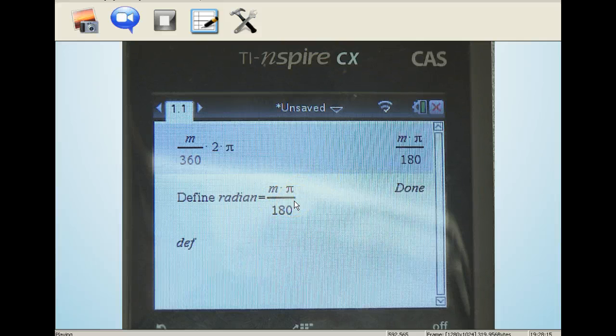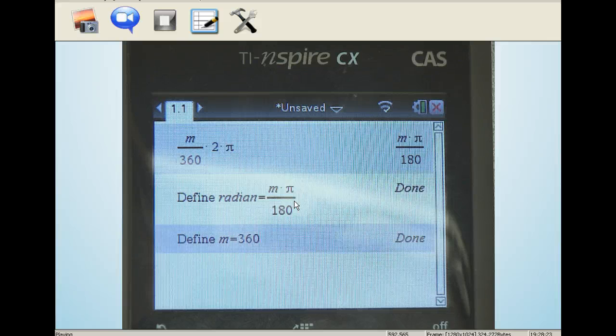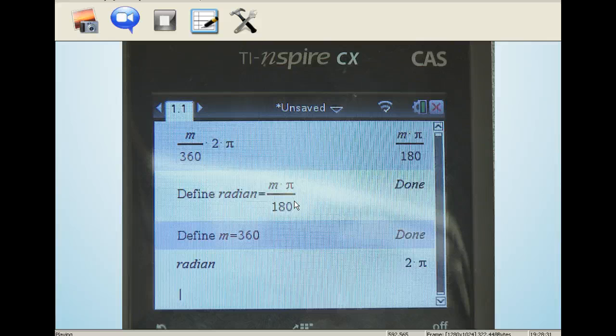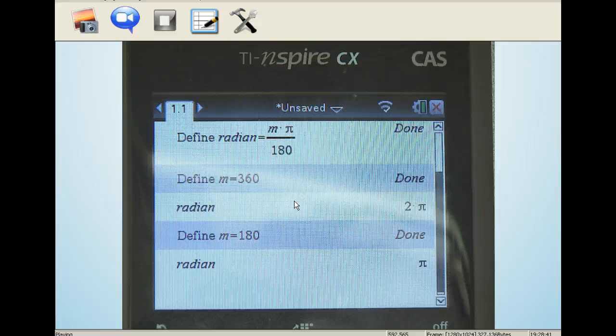Okay, so now let's try defining M. So what if we had, again, a 360-degree angle. So M equals 360. And then when we do radian, we want to calculate the radian measure there. We get 2 pi. But what about when M is equal to 180? Well, then its radian measure is equal to pi.